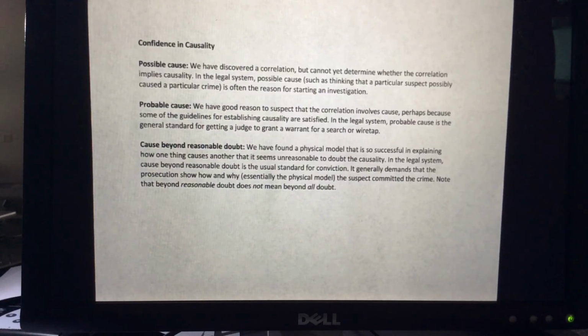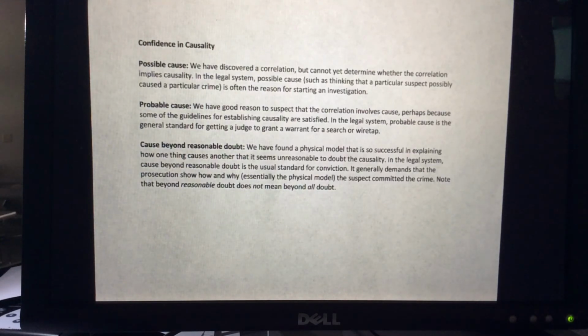Okay? And when police officers search your car, they do it because they have probable cause to believe that you might have, for example, drugs or weapons in the car. Because they have what they call probable cause to do it.